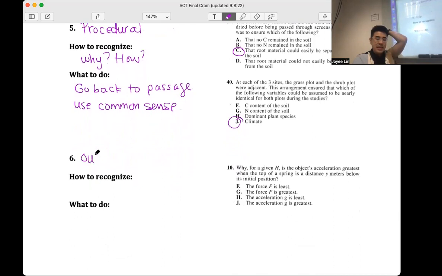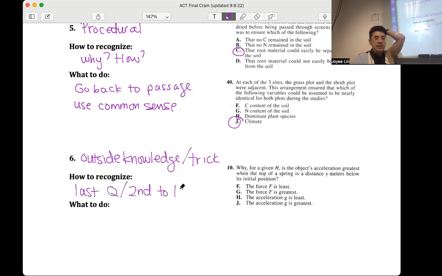And then 6 is outside knowledge or trick. How to recognize: it's usually the last question or second to last question, one or the other. What to do?